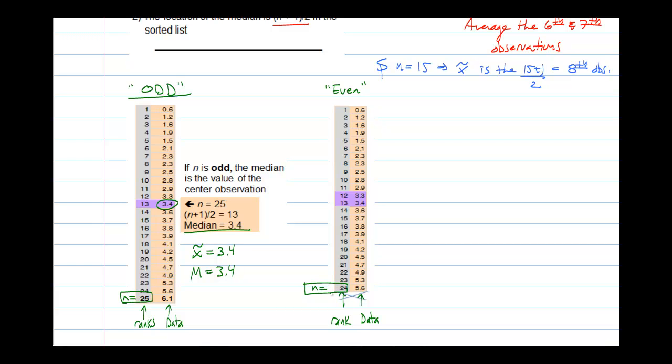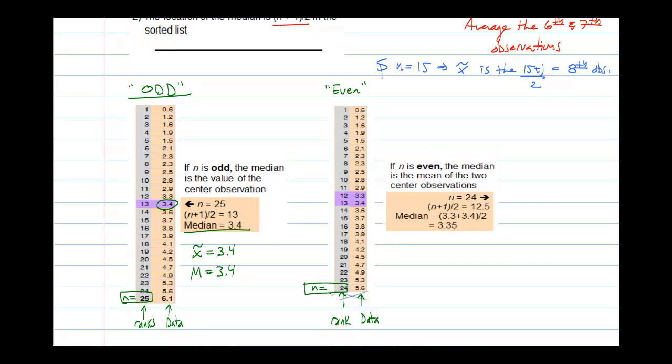So now how I calculate my median, I'll end up averaging two middle values. So again, I'll take my sample size of 24. 24 plus 1 is 25 divided by 2 is 12.5. So that means I'm going to average the 12th and the 13th observation.